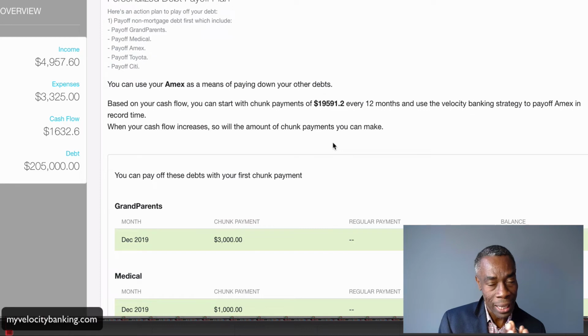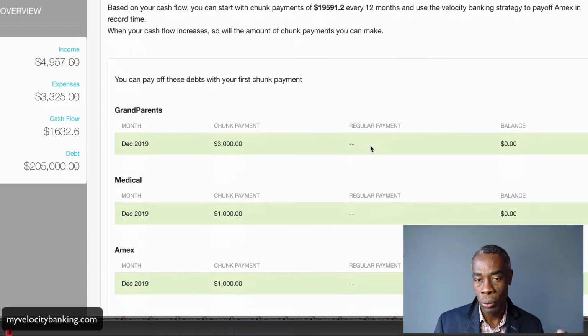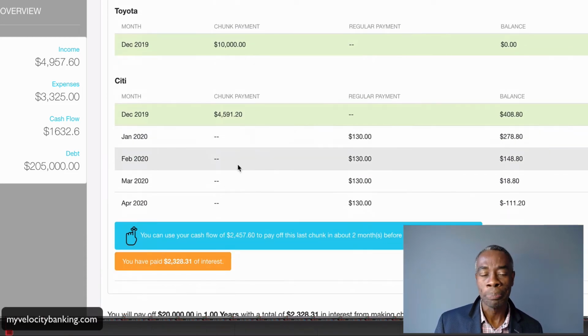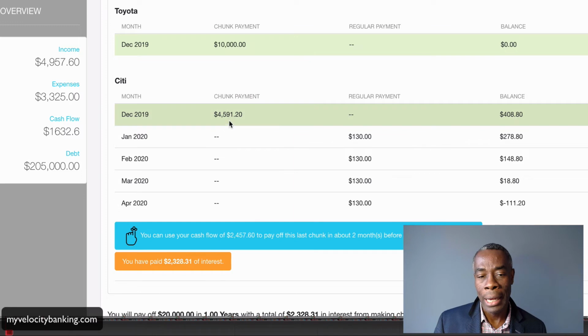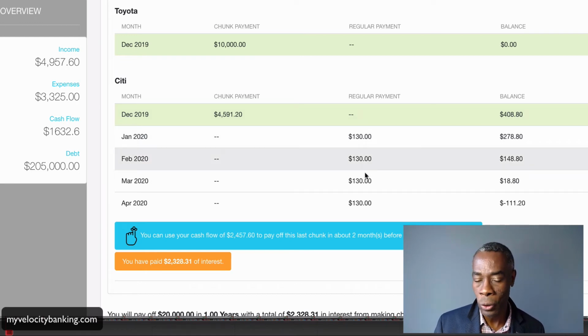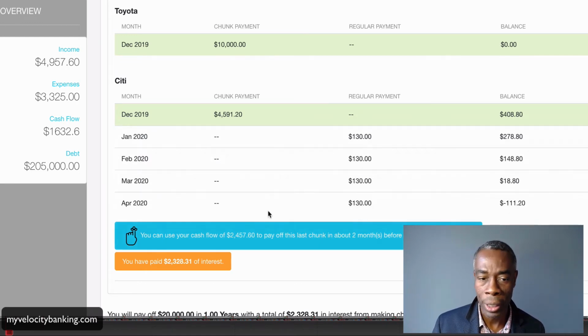Then the person takes the next 12 months paying off their Amex card and paying off the total chunks that they have made. They can also make a partial payment to their Citibank credit card, and then they just make their regular payments like usual to their credit card.